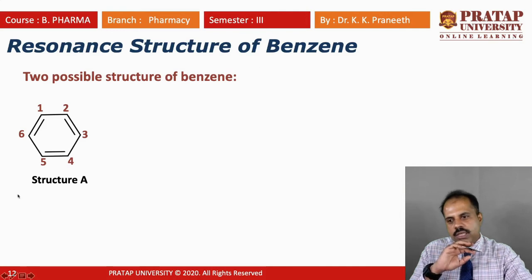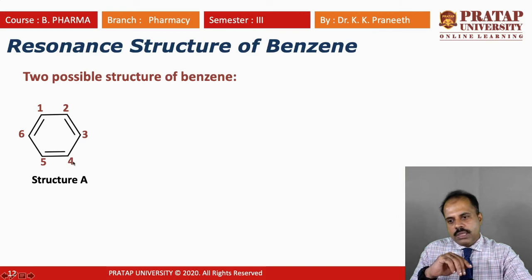You see the first structure shown here, structure A. This is the simple benzene structure, a hexagon with the 3 double bonds. But if you check carefully where the double bond is present, the double bond is present between carbons 1 and 6, so the first and 6th carbon, and another double bond is present between the 2nd and 3rd carbon.